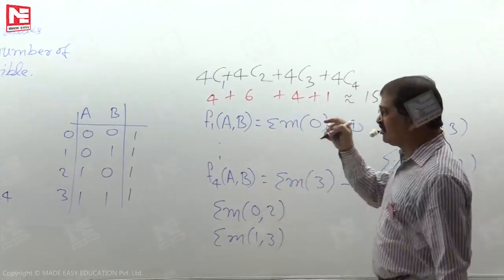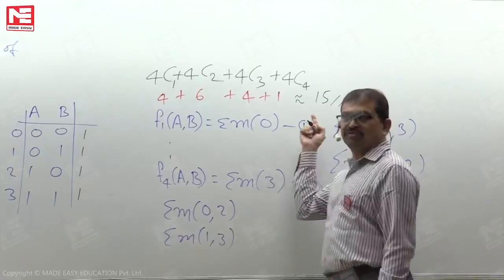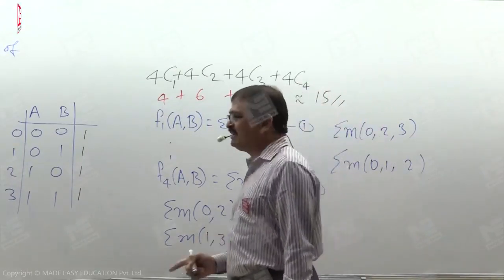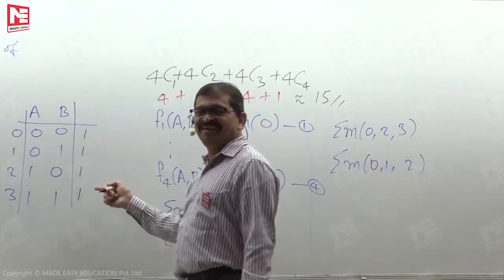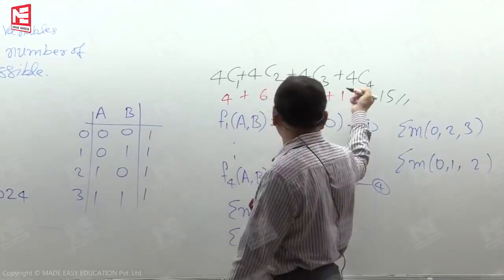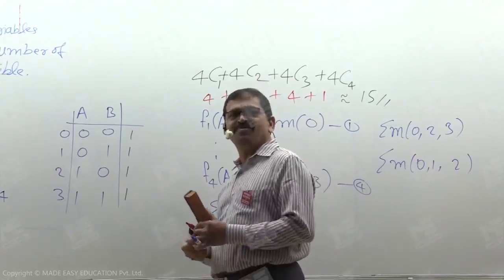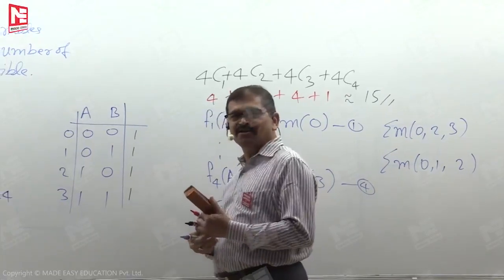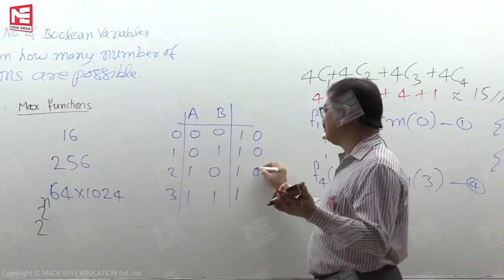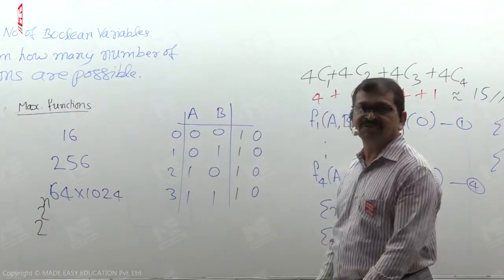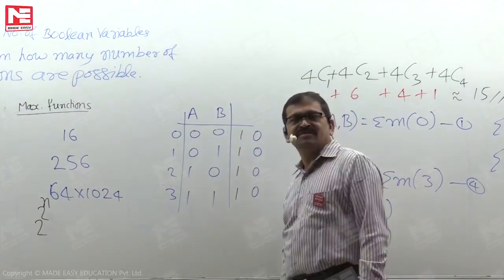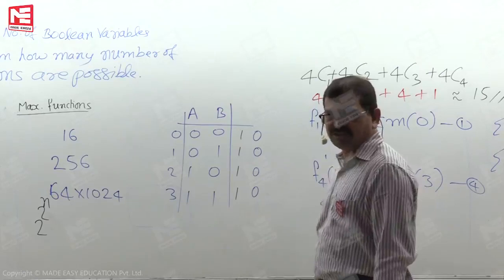If the answer is exactly 16, then the question is, where is the missing function? Based on the discussion we are having here, I said a function with all the combinations as the minterms, 4 combinations as the minterms. You can think in reverse now. There may be a function where all the combinations are maxterms.